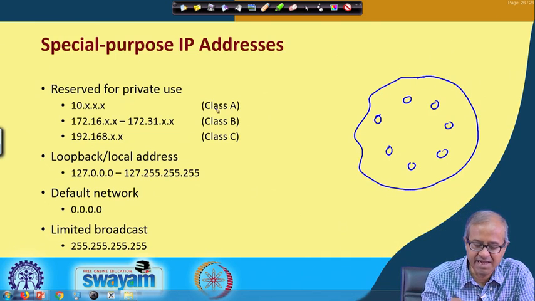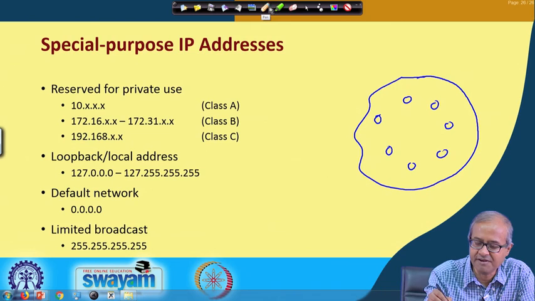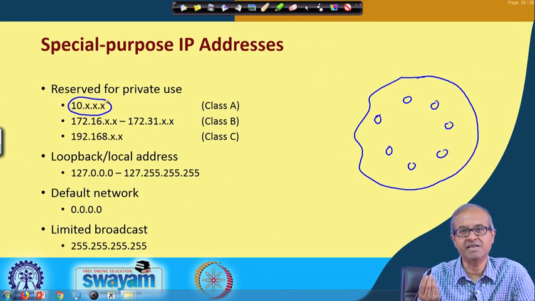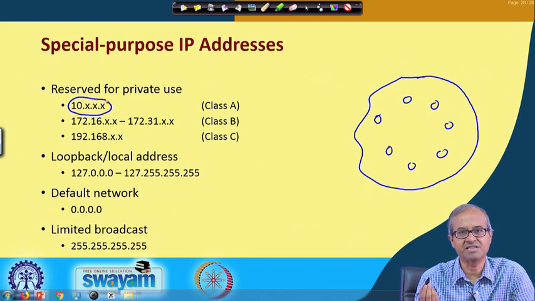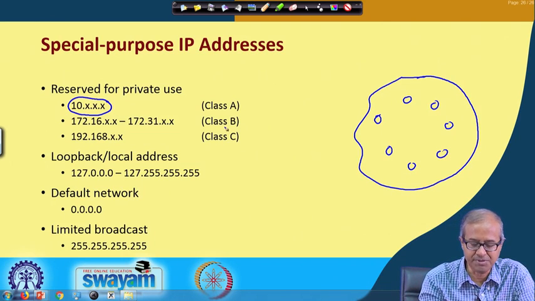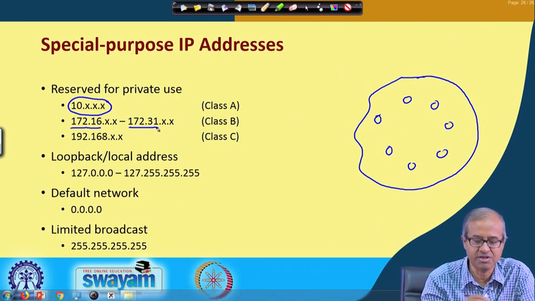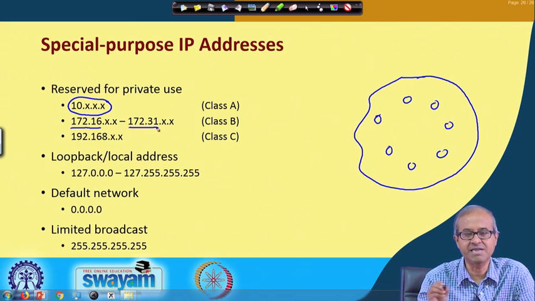Like for class A, any address that starts with 10 dot something is a private class A IP address. For class B, there are actually 16, 172.16 to 172.31. There are 16 such private class B networks which are identified as private.